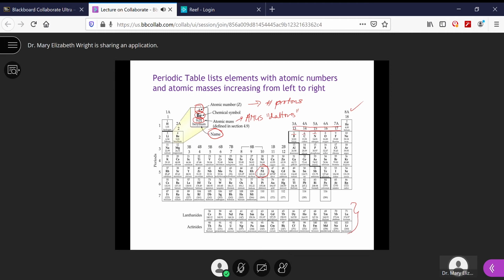And 46 electrons, as long as this is a neutral atom, which it may or may not be. But if we're just reading it off the periodic table, we're reading it as a neutral atom. Number of protons equals number of electrons. Does not necessarily equal number of neutrons, as we stated a moment ago.